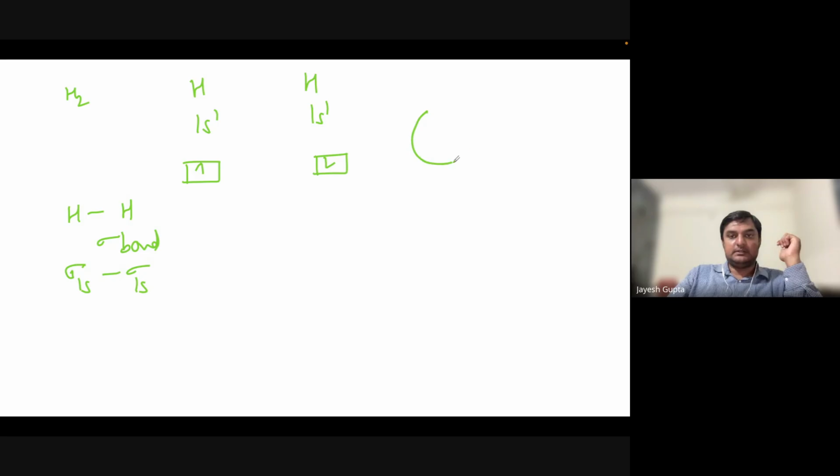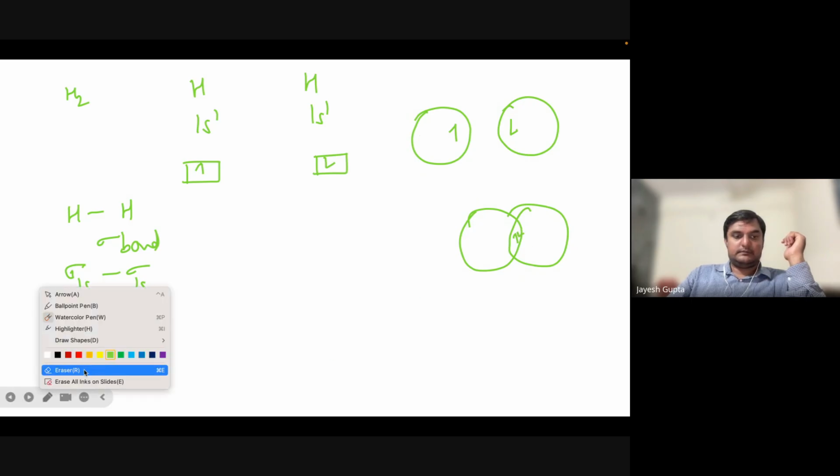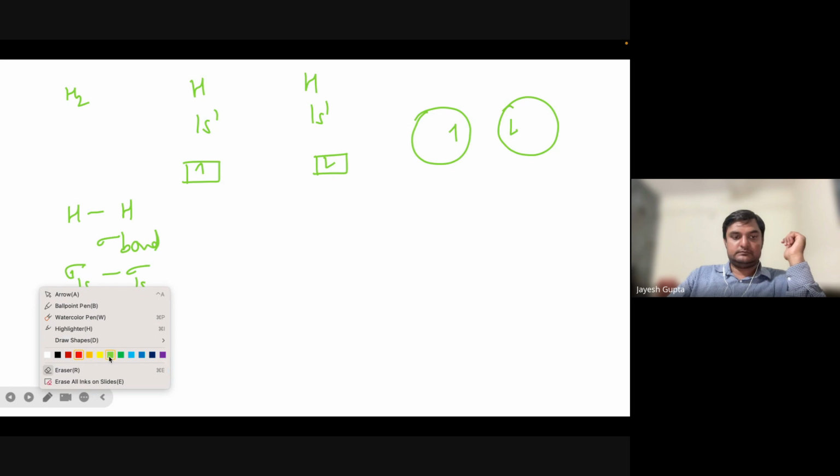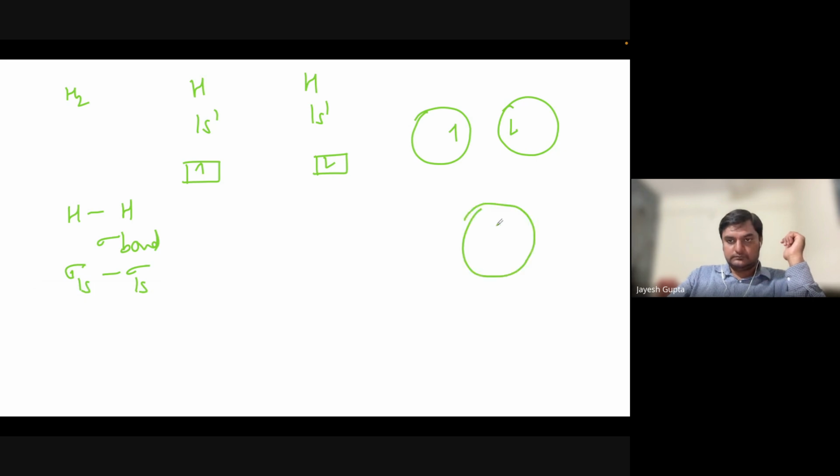If you make the orbitals, they look like this, s orbital of hydrogen and s orbital of hydrogen. When they make a bond like this, you got sigma bond.